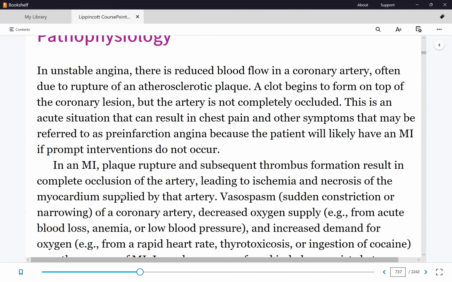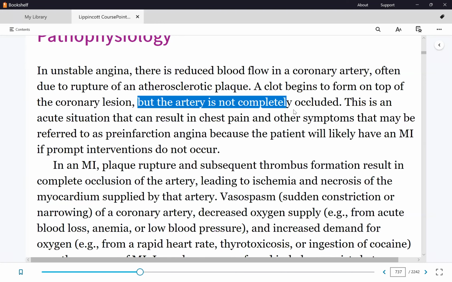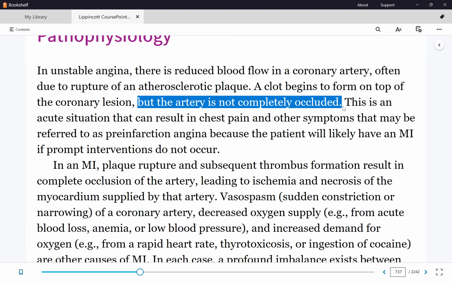Here in unstable angina, there is reduced blood flow caused by a clot, after, of course, a rupture of the endothelial section. The artery, however, is not completely occluded. So is there infarction? No. Infarction is death of the myocardial tissue. There's no death, but is there ischemia? Yes.